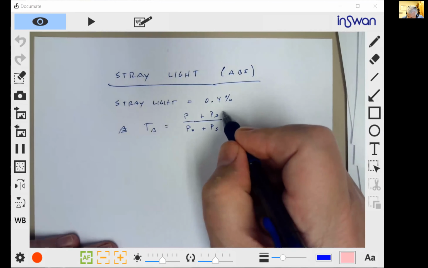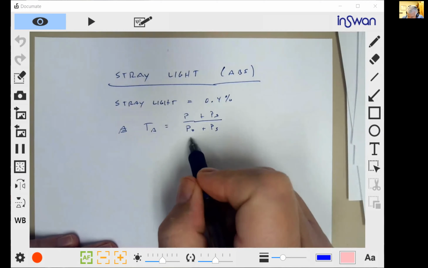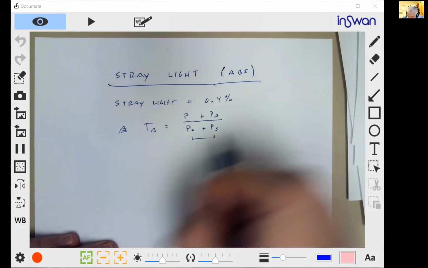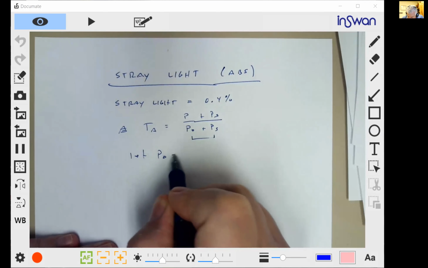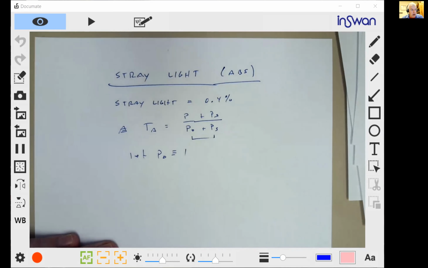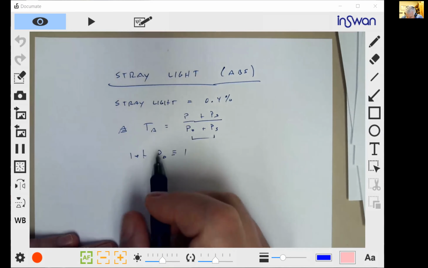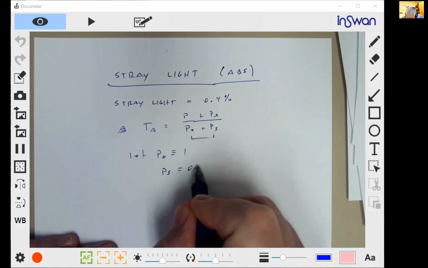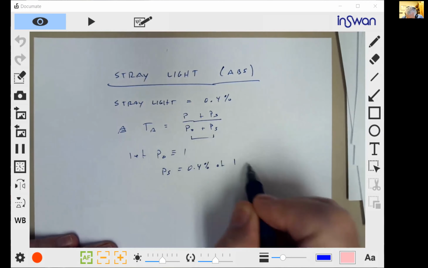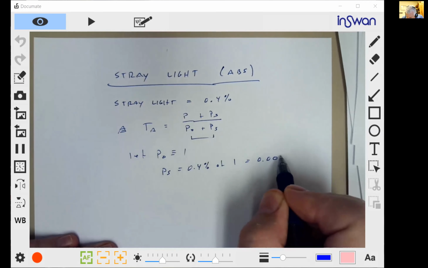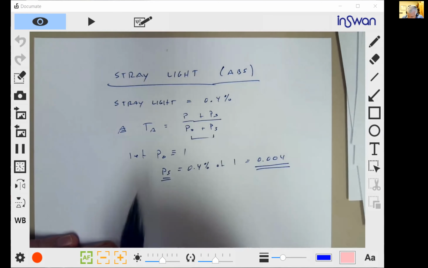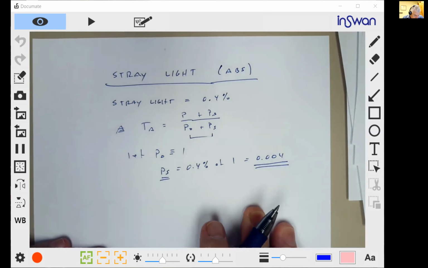So P sub S here is going to be 0.4% of P0. And so we're going to let P0 equal 1, and we'll do all the other problems accordingly. So in this case, PS is equal to 0.4% of 1, which is equal to 0.004 units of light power, right?